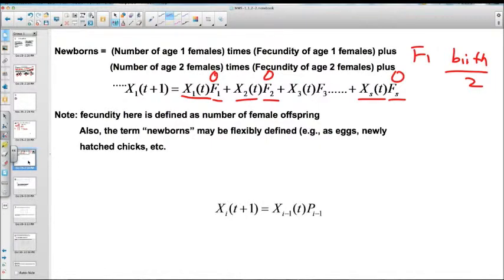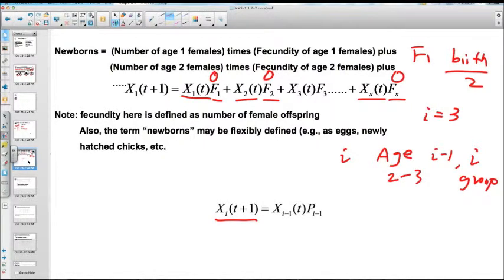And the rest is all natural age progress. And look, i stands for the age group i minus 1 to i. If i equals 3, it means the age is from 2 to 3 years old. The population of age i comes from the population of i minus 1.